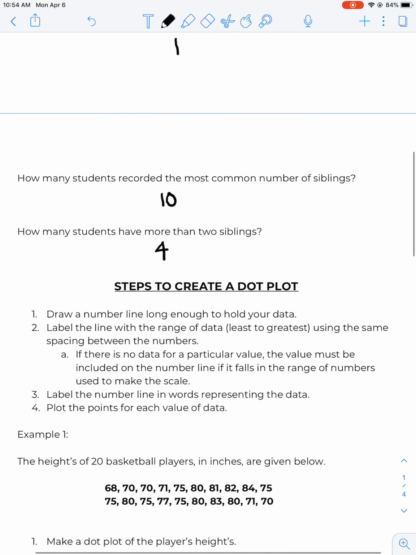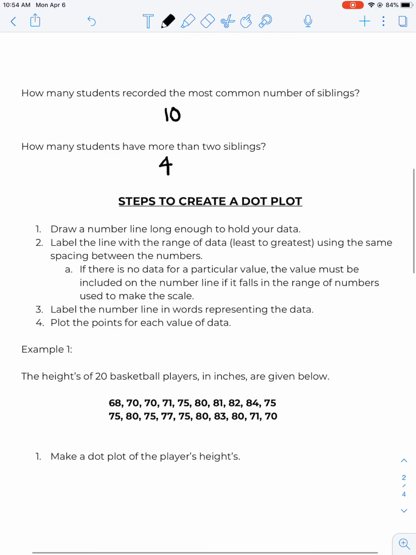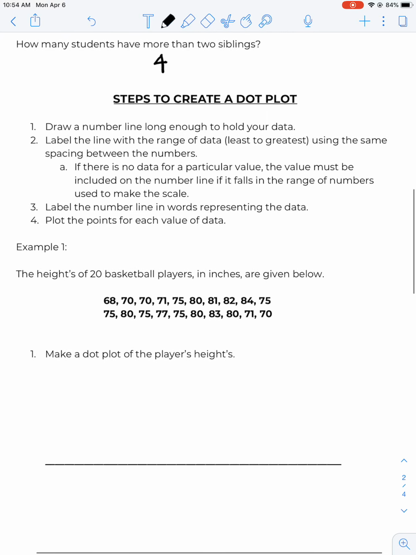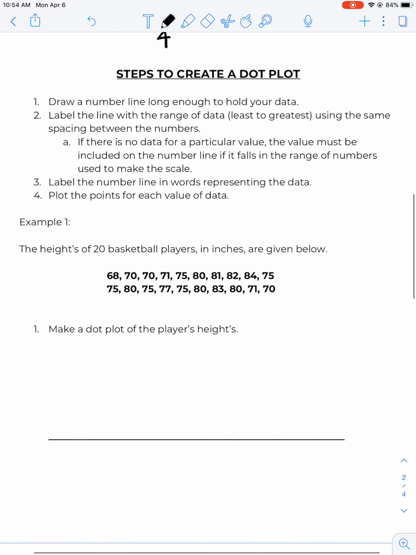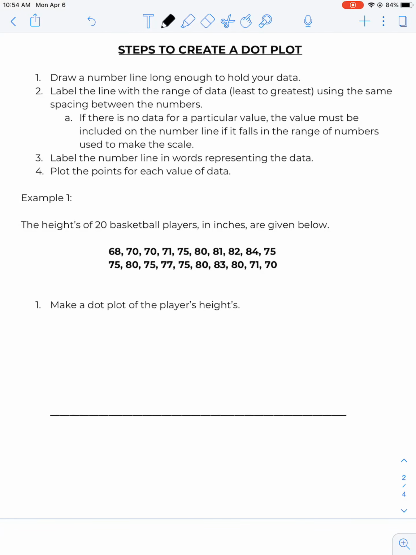The next thing that we are going to look at is the steps to create a dot plot. The first thing that we would do is draw a number line long enough to hold your data. The second thing is to label the line with the range of data from least to greatest, using the same spacing between the numbers.